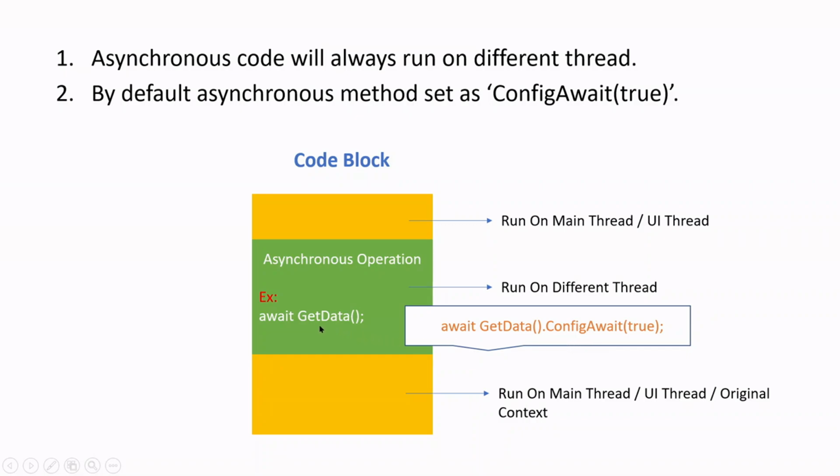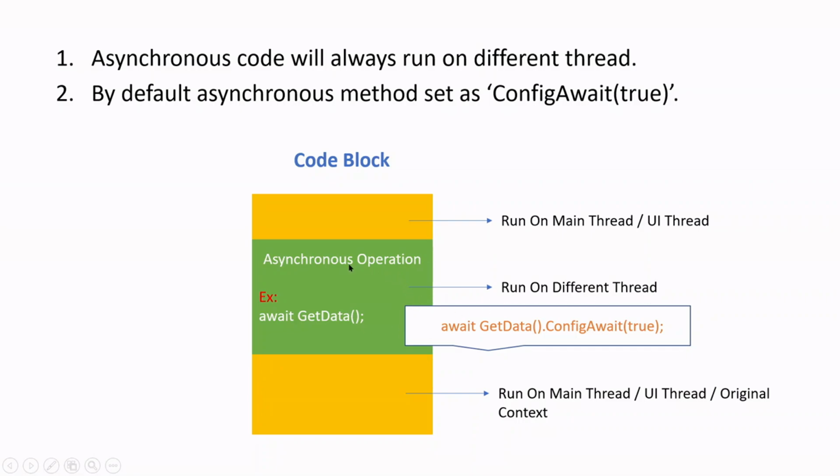Once this await operation is completed, the default behavior of asynchronous programming is that it will return back to the original context. That means whatever thread was running before this asynchronous operation, it will return back to the same thread. So here you can see that first my code block is running on the main thread or UI thread. Once the asynchronous operation is executing, only this operation will run on a different thread.